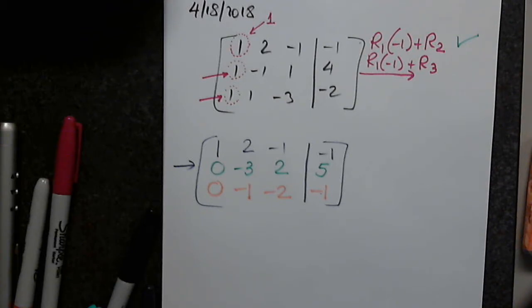I'm allowed to swap. Why would I swap? Because I have a -1, and a -1 I can easily turn into a 1. How would I get a 1 instead of a -1? What do I have to do to both sides of this? That's it. So I'm going to swap. Row 2 becomes row 3.